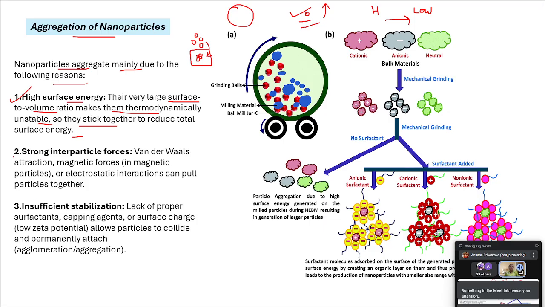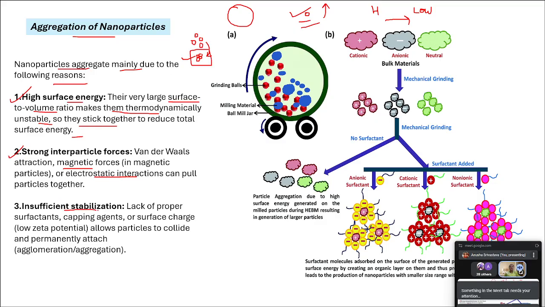So next reason is strong interparticle forces. So the van der Waals forces that operate between these nanoparticles, and the magnetic forces, the electrostatic interaction, all of these also come into the picture. They also have a nice interplay because of which all these nanoparticles come together and aggregate.